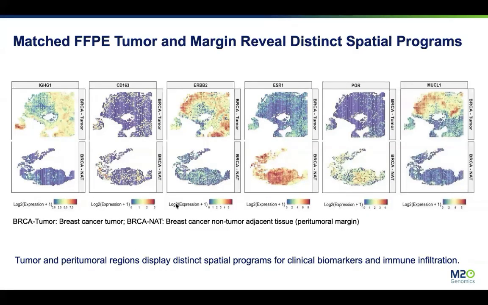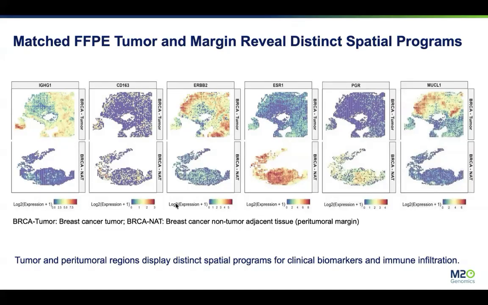The tumor shows strong ERBB2 expression together with reduced ESR1 and progesterone receptor expression compared with the matched margin. So this is consistent with the expected characteristics of HER2-positive breast cancer, which shows that NATA can recapitulate clinically relevant subtype features spatially.